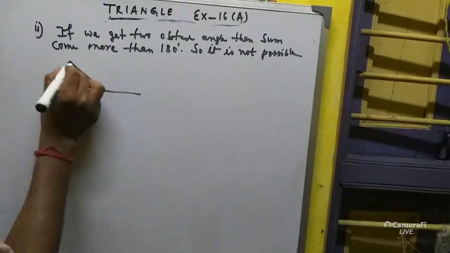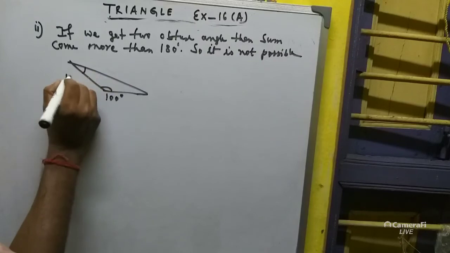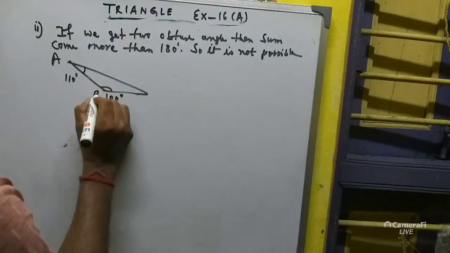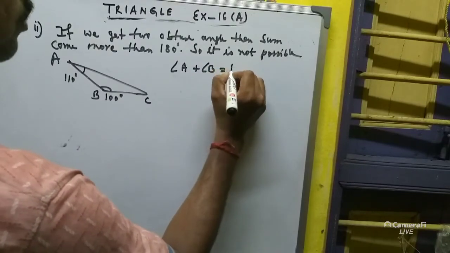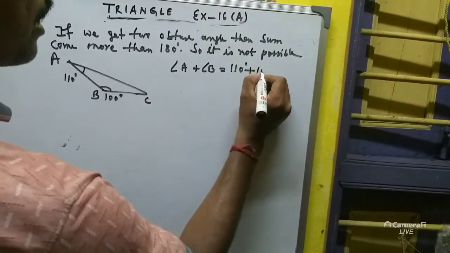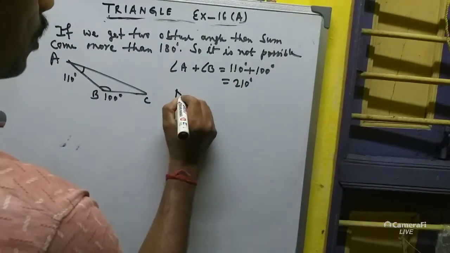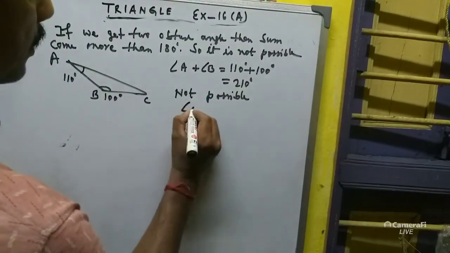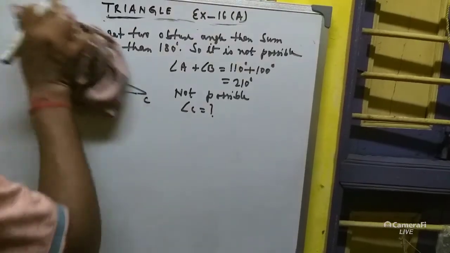Suppose this angle is 100 degrees and this one is 110 degrees. Add angle A plus angle B, it comes more than 180 degrees, 210. Not possible. Then angle C equals how much? Not possible. So this is the math, students.